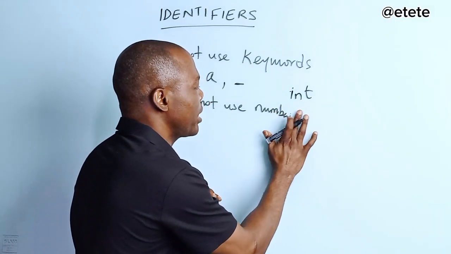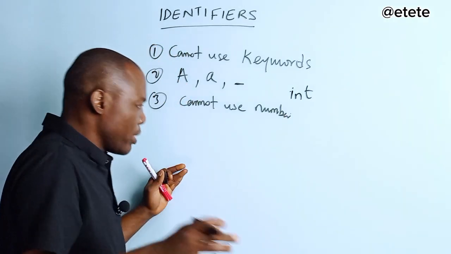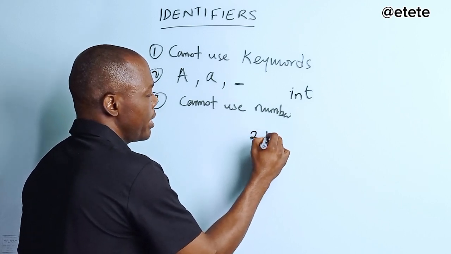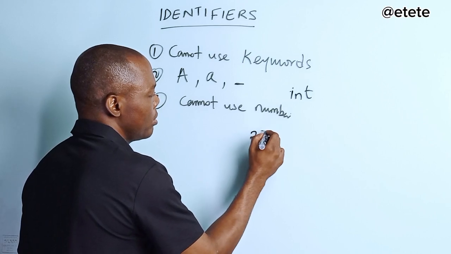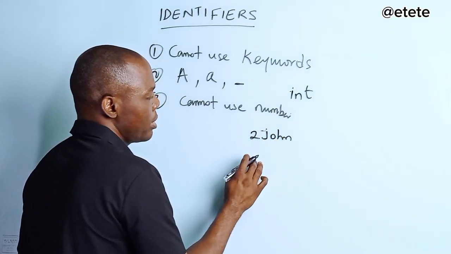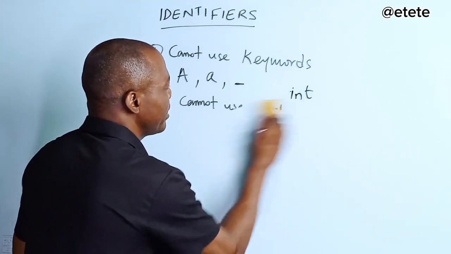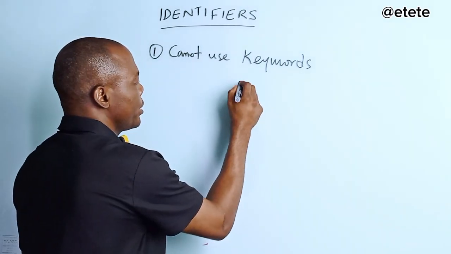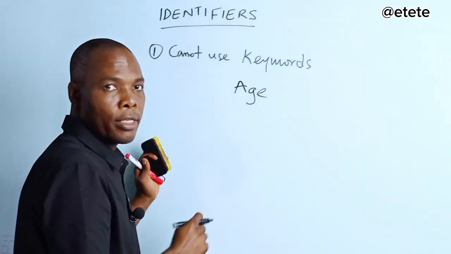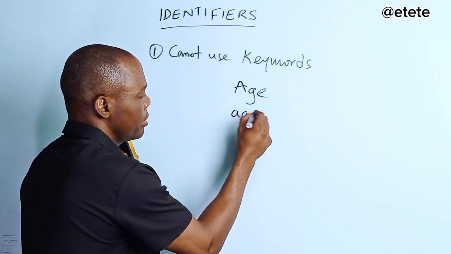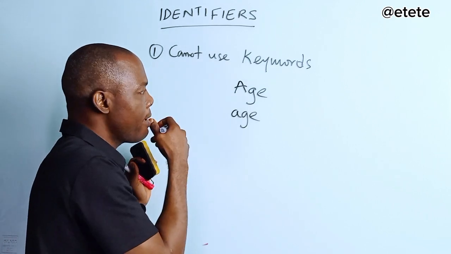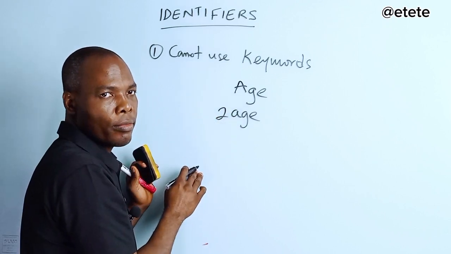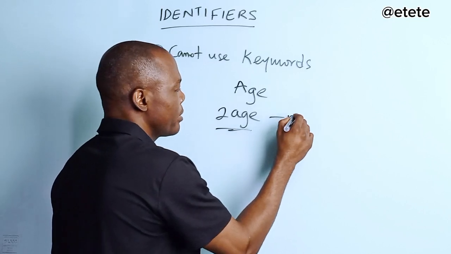So, for example, you cannot say 2John. Valid identifiers are age, right? Or _age. These are valid identifiers, but you cannot start with 2h. This one is invalid.